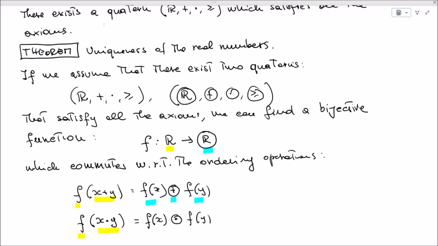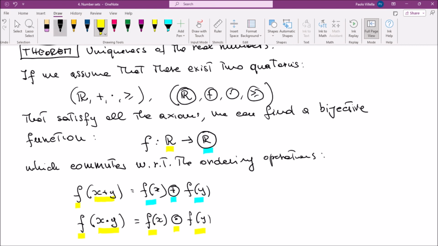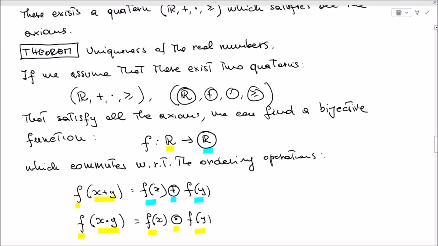And it turns out that this element of R circle can also be obtained by just taking the circle product between two elements of R circle, which turn out to be exactly the images through f of the original elements x and y. Last property would be that x is larger than or equal to y if and only if f of x is larger than or equal, according to the second ordering criterion, to f of y.